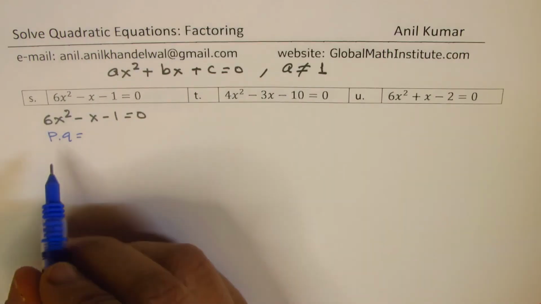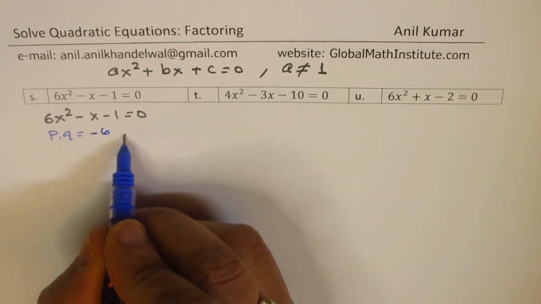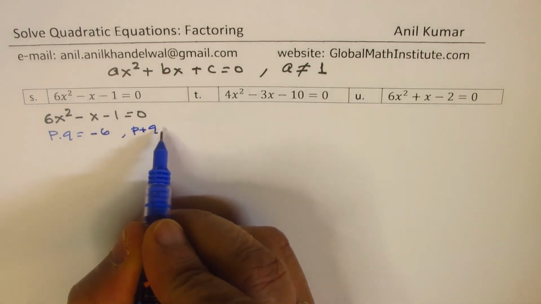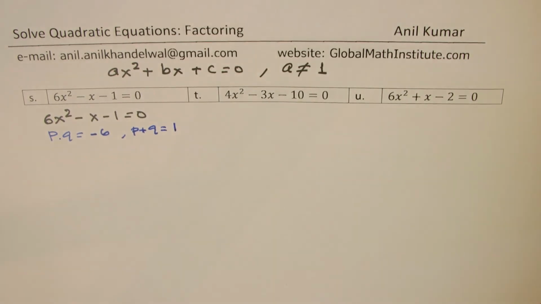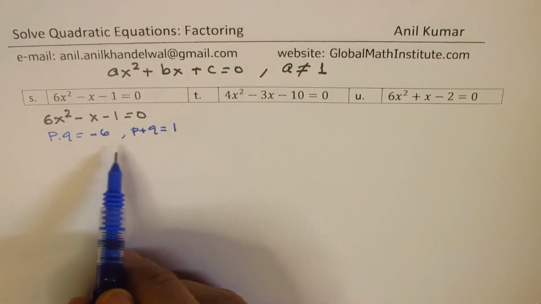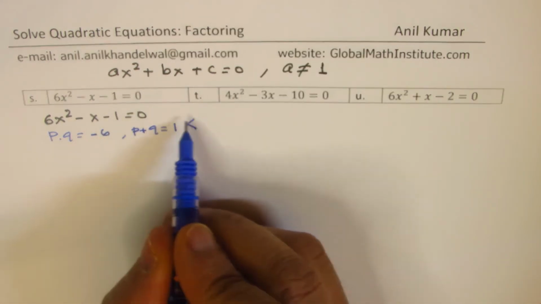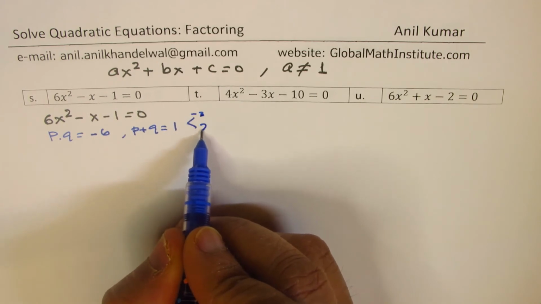So we are again looking for product of 6 times minus 1, which is minus 6. And we're looking for sum of minus 1. So the two numbers which can give us product of minus 6 and sum of minus 1 are 3 and 2. And therefore, the numbers will be minus 3 and plus 2, correct?